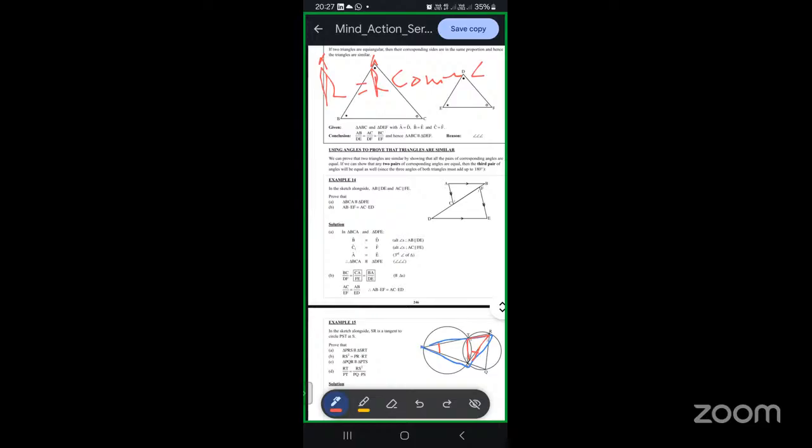Then angle P is equal to S2, the reason is the tan chord theorem. And then angle T would be equal to angle S because of the third angle.